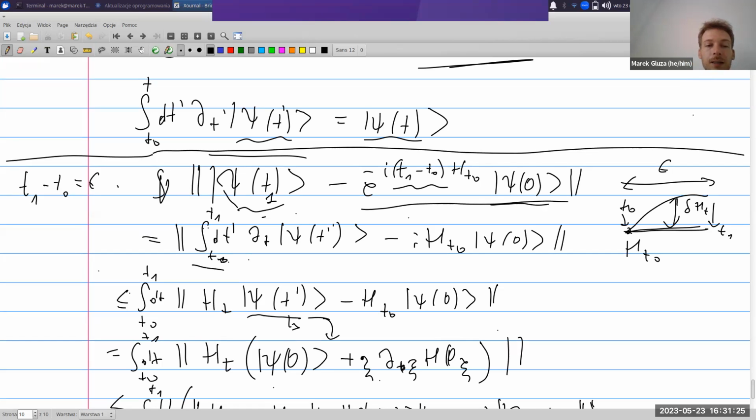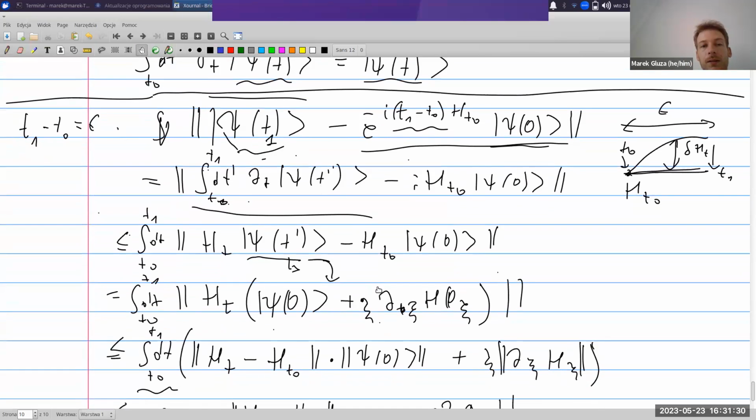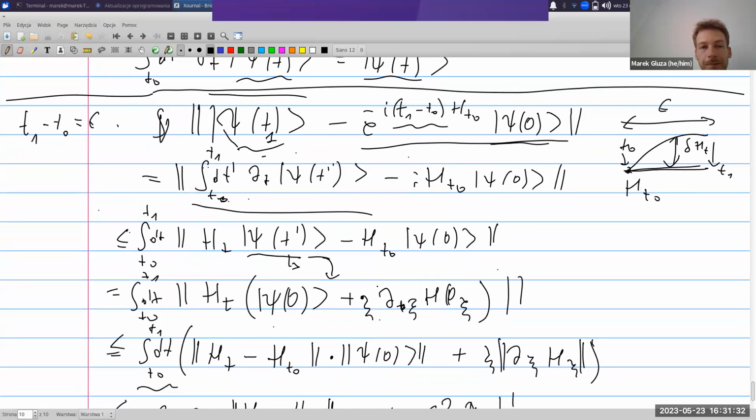Okay, then I inserted the integral here, just rephrasing psi t as an integral. And I do this so that I can nicely obtain here the time-dependent Hamiltonian HT prime, right?